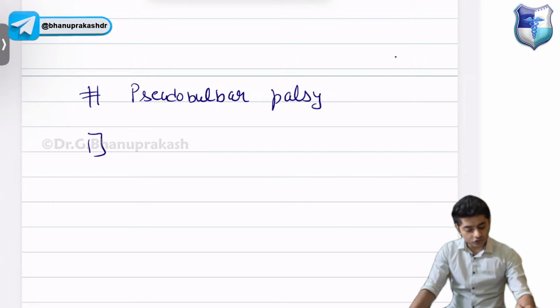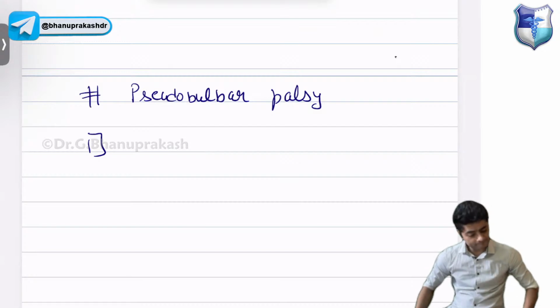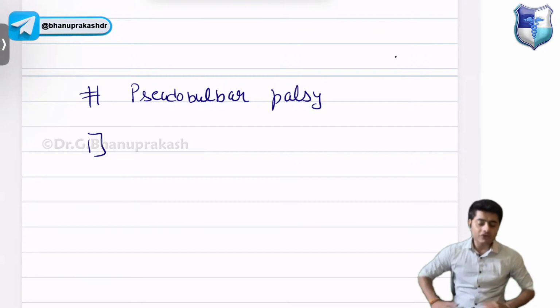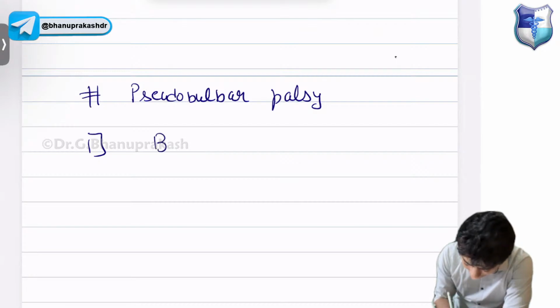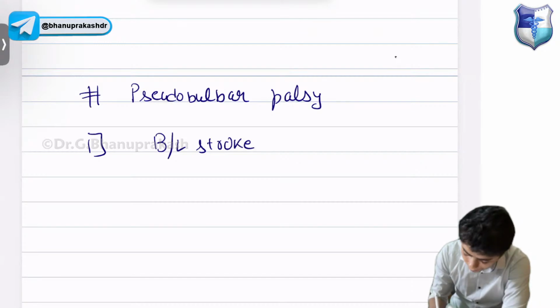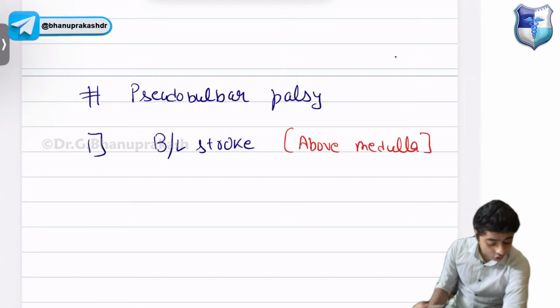Stroke. Which kind of stroke? Not every stroke leads to it. It is a bilateral stroke, and that stroke should be above the medulla.